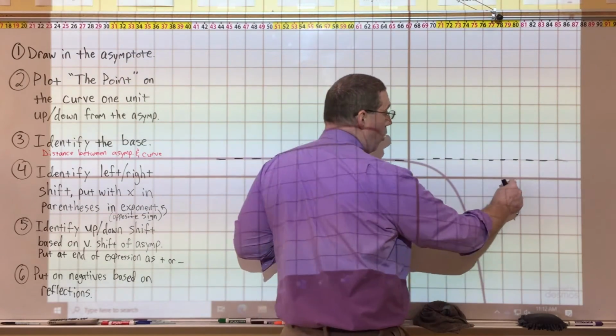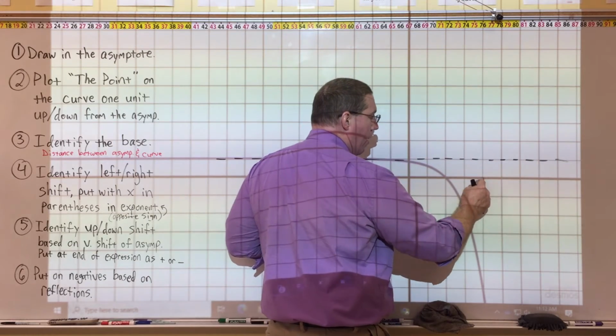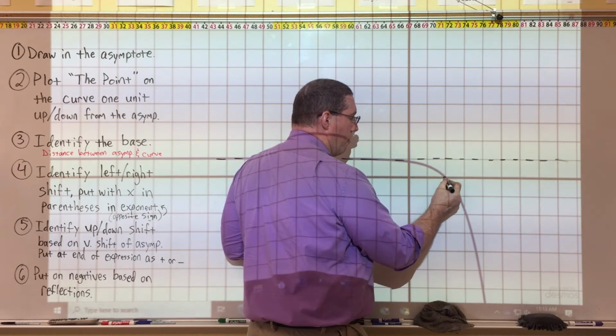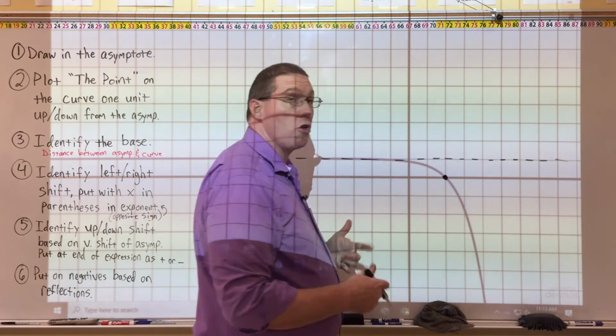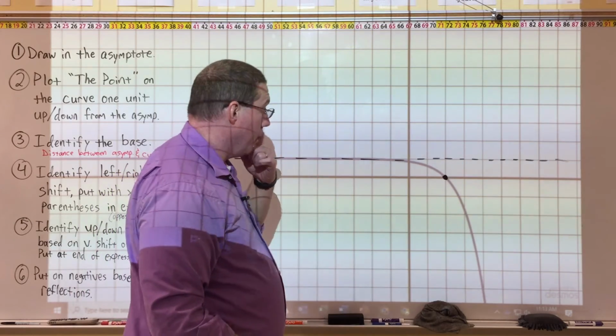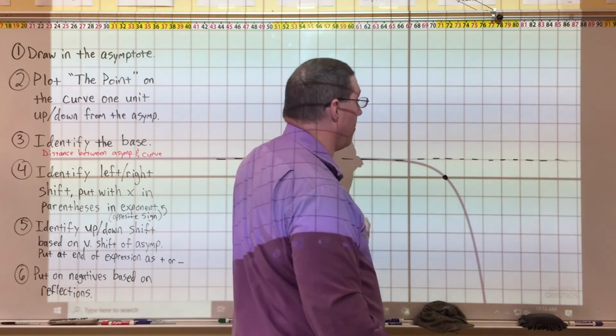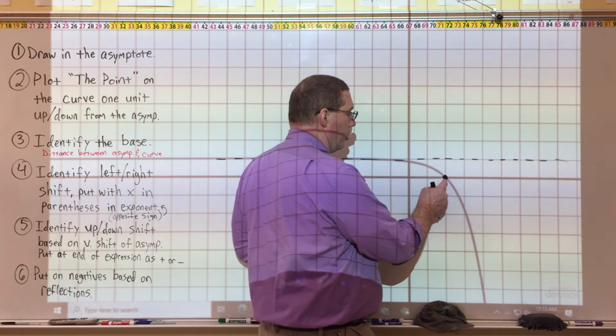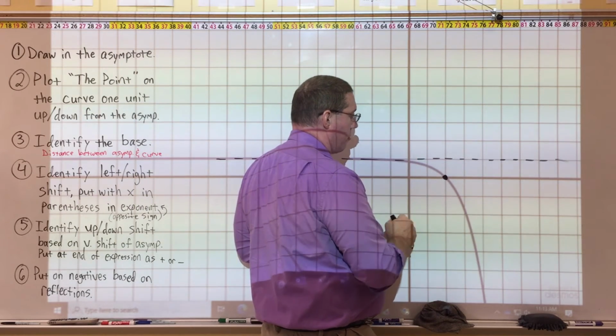I'm going to travel along this horizontal line 1 unit down from the asymptote until I hit the curve. Boom, there's the curve. That's the point. It is okay for the point to be on the x-axis or on the y-axis. That's fine. Now, if the point is on the y-axis, that means it doesn't have a left or right shift, okay? But this definitely has a left or right shift because that's not on the y-axis, okay?